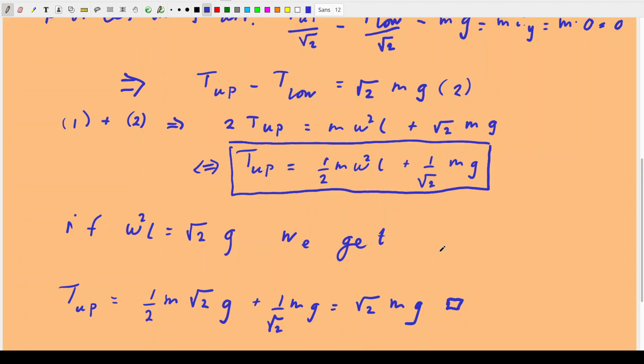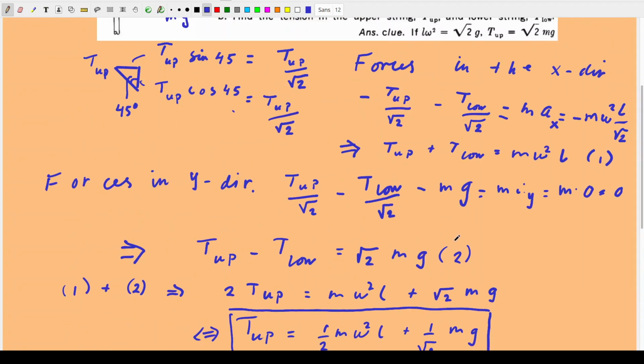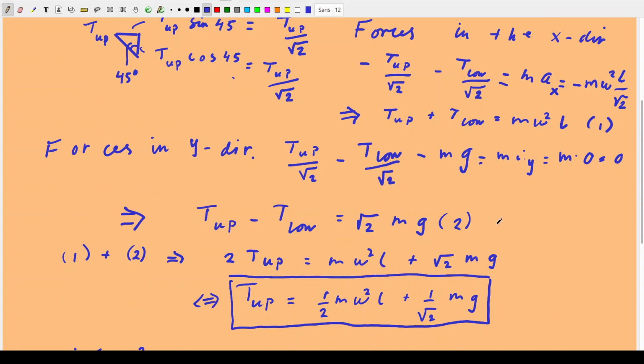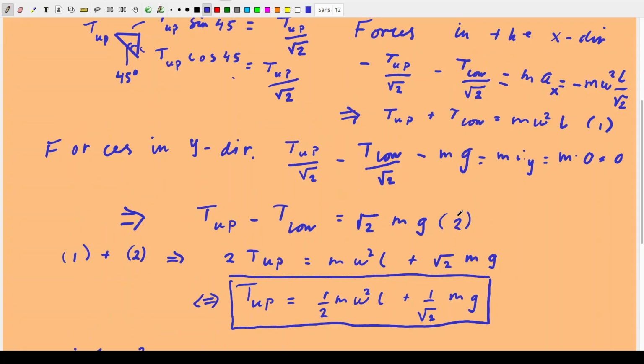Okay, let us derive the string force T low from equation 1 and 2. Here's equation 2, here's equation 1.